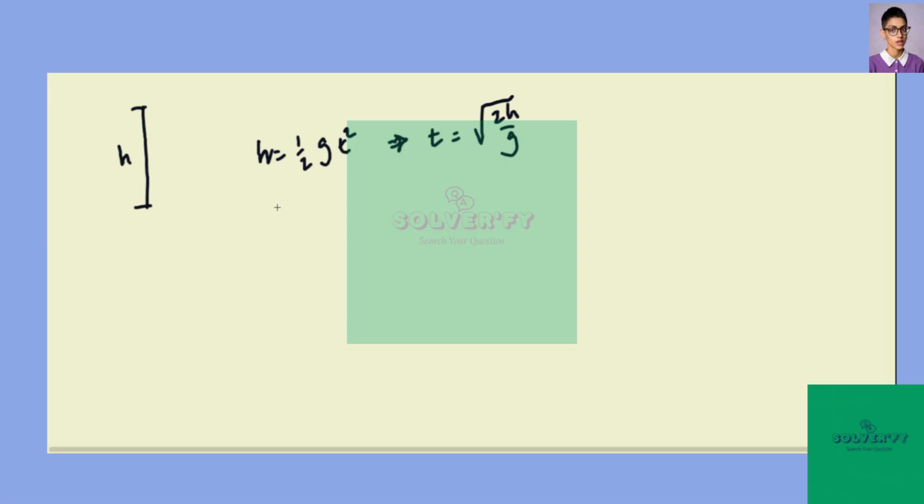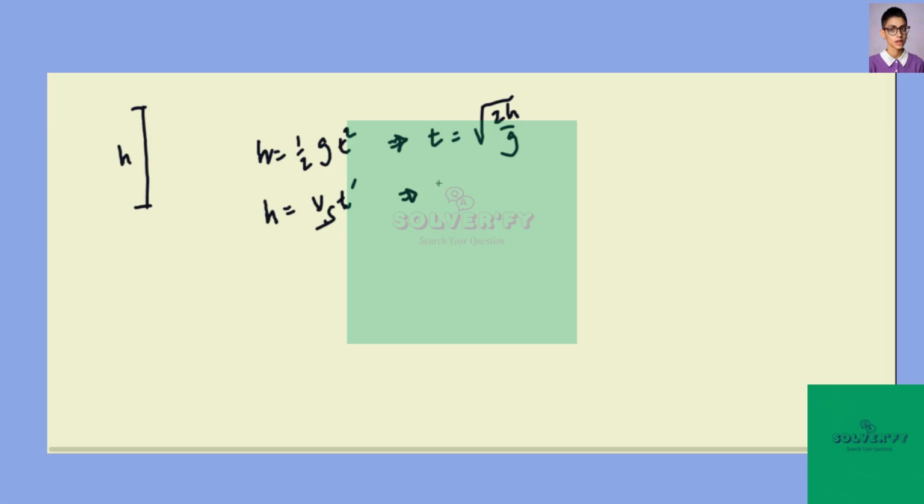Now, h is also equal to the velocity of the sound multiplied by some different time t prime, for which the sound reaches the person.